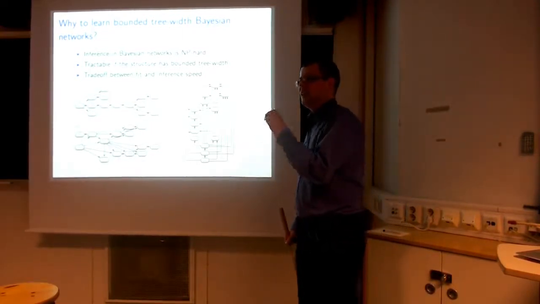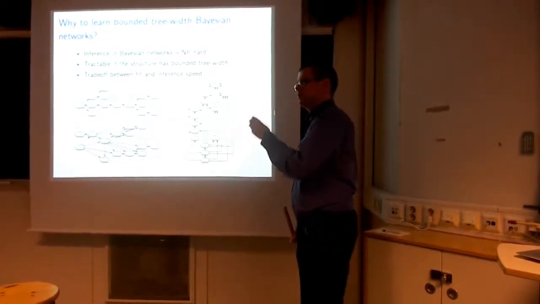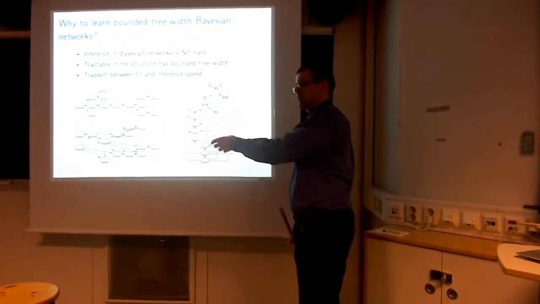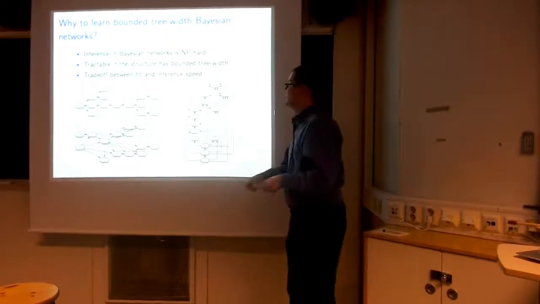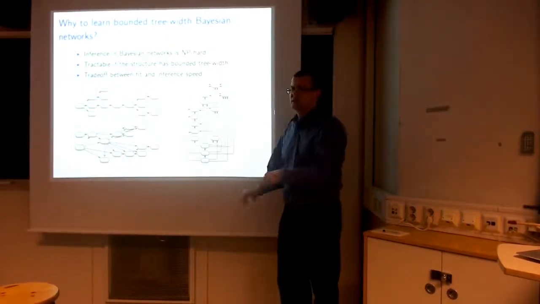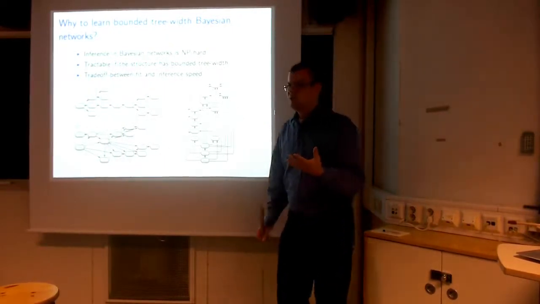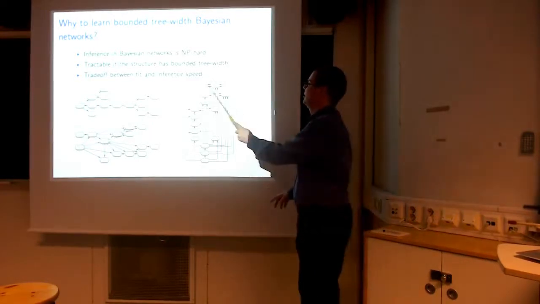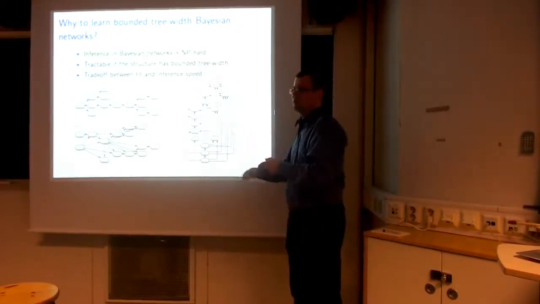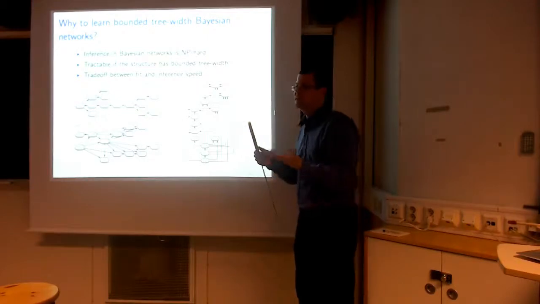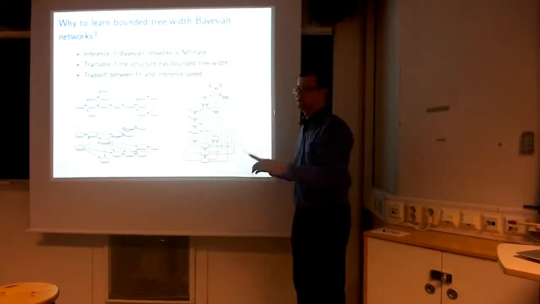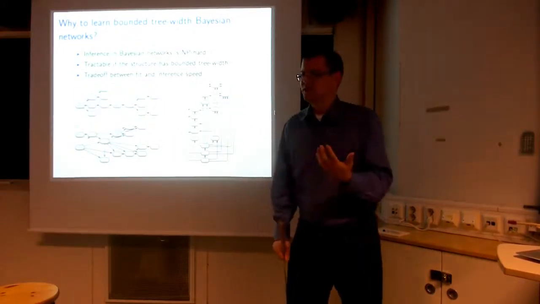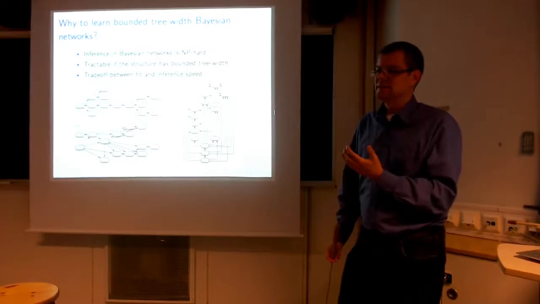So I'm willing to sacrifice some of the accuracy, and then you need to figure out the largest bound with which you can live. In that sense, you estimate how fast you need to infer, and then use the largest tree width bound that gives you that inference speed.